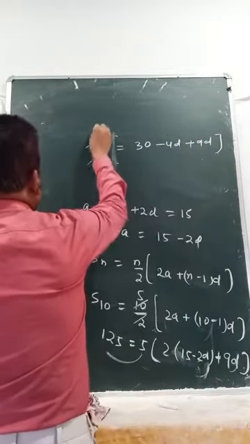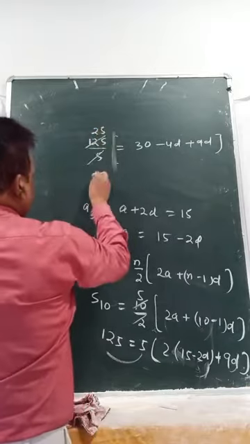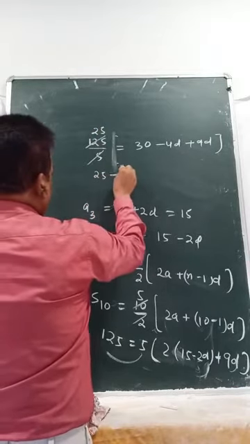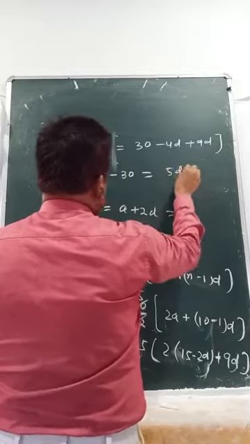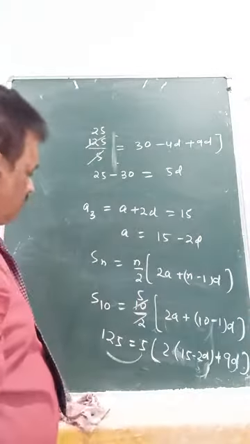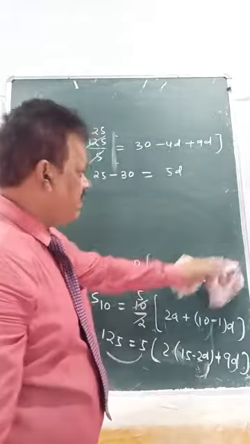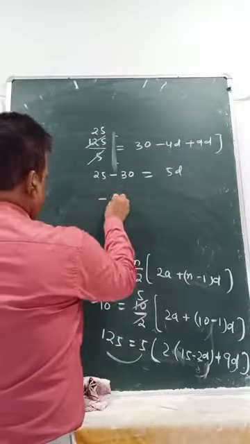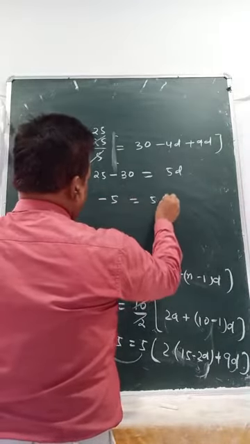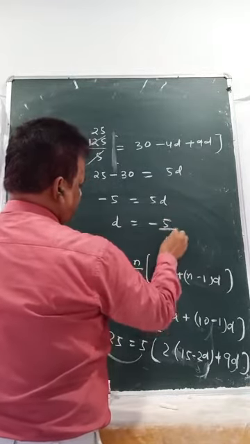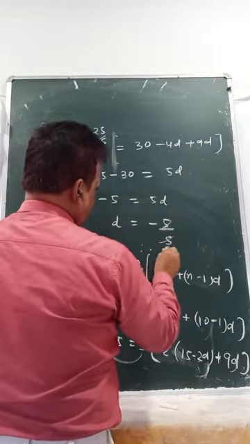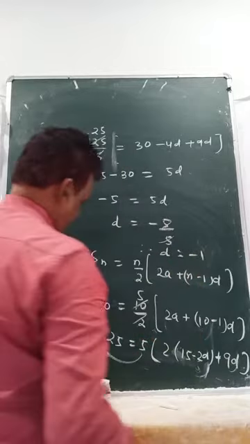So 25 minus 30 equals 5D. So what did you get? Minus 5 equals 5D. D equals minus 5 by 5. Cancel. Therefore D equals minus 1. D you got.